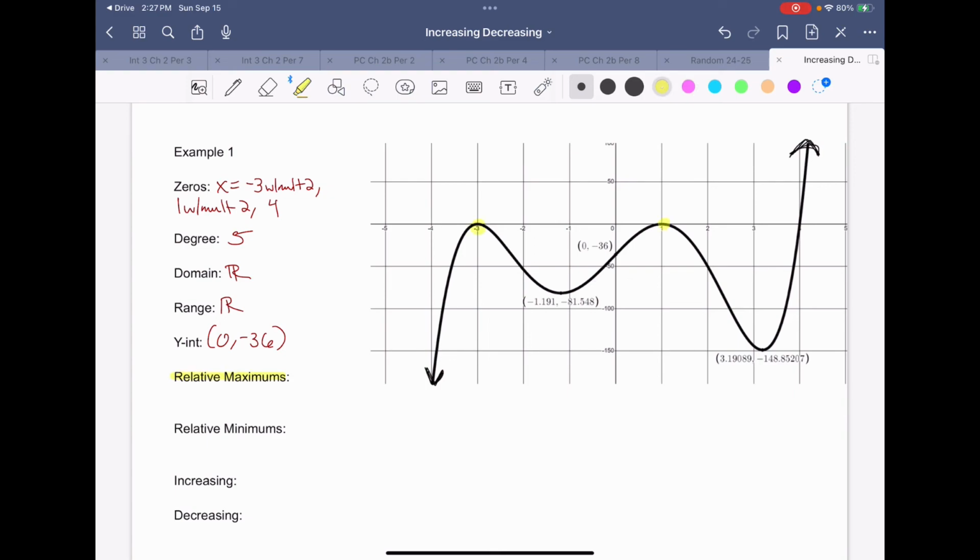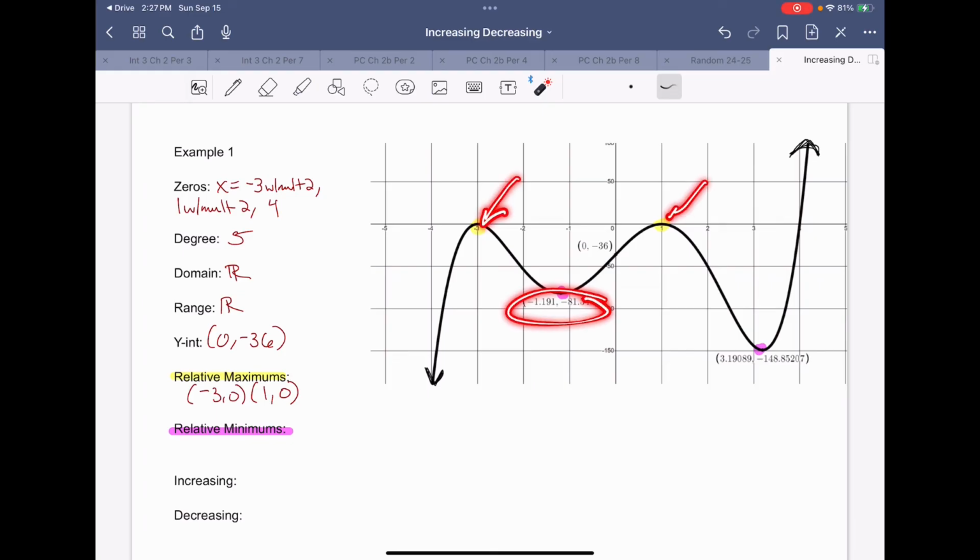Maximums, top of a hill. Minimums, bottom of a valley. Notice I didn't add these little labels to those points because they're clearly already labeled. So don't just think that only these are the important points.